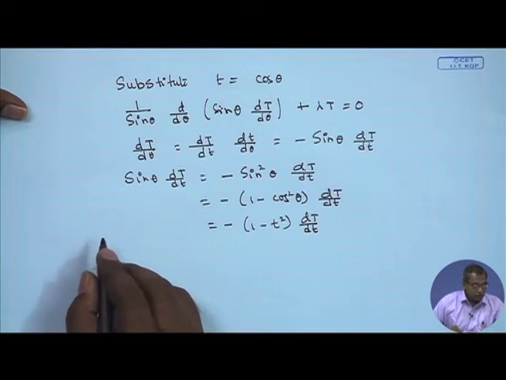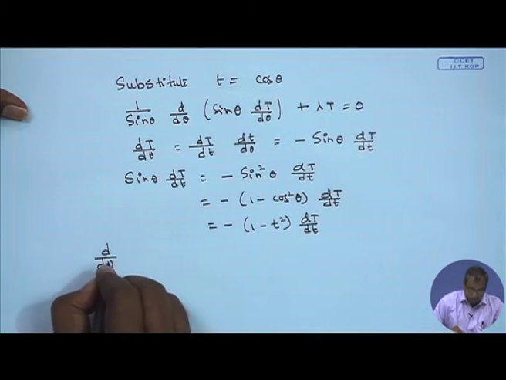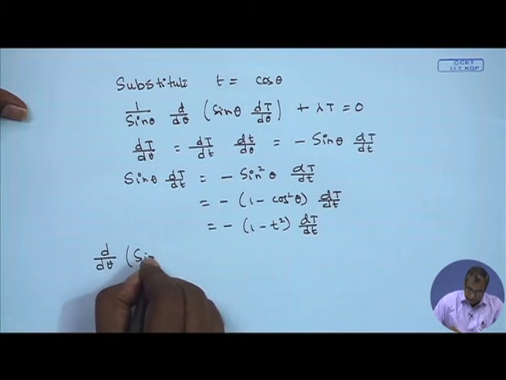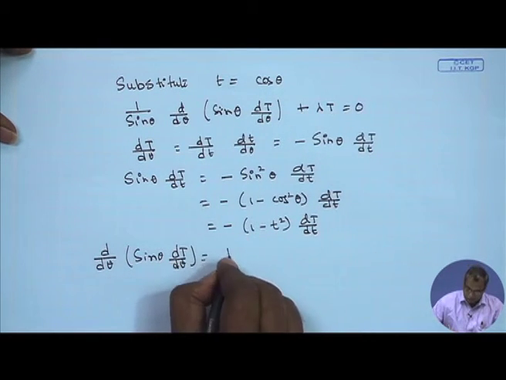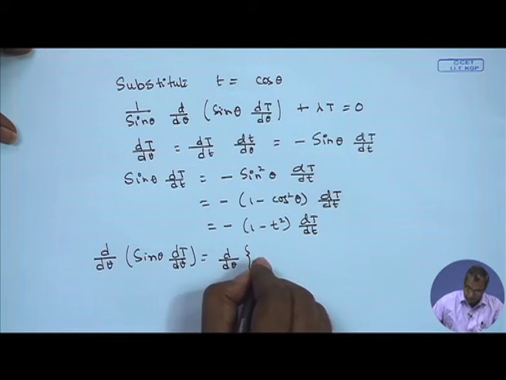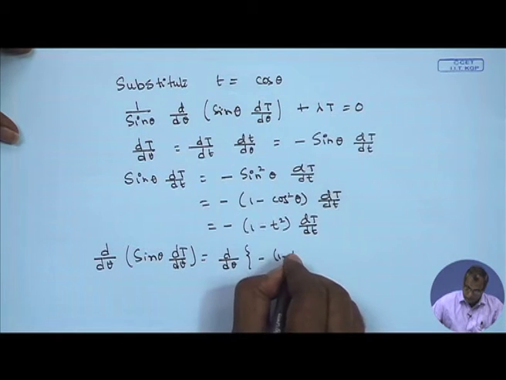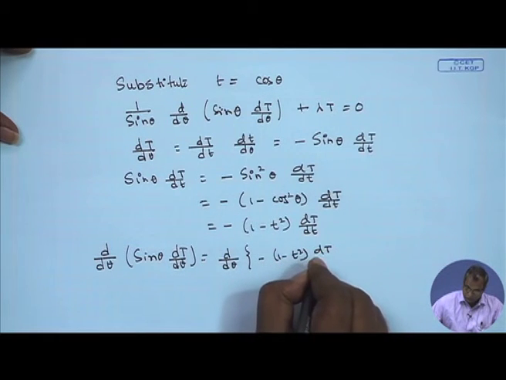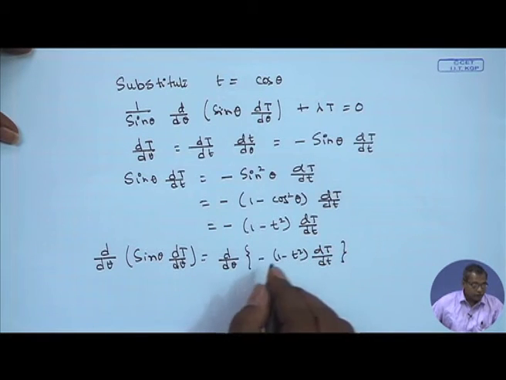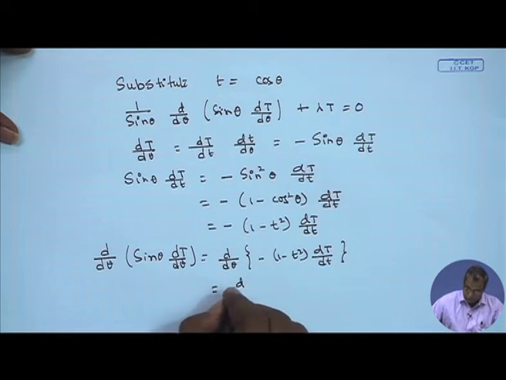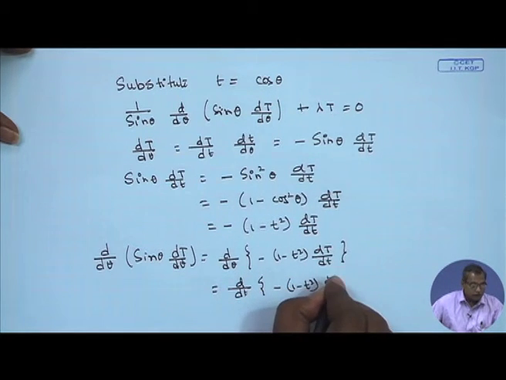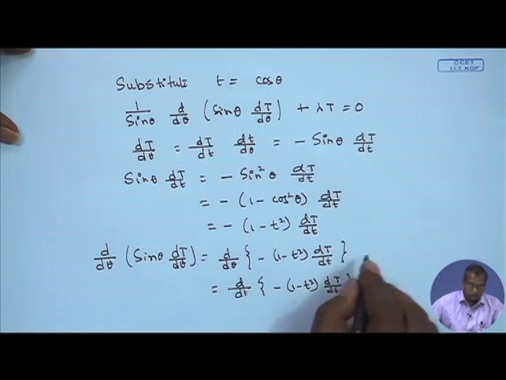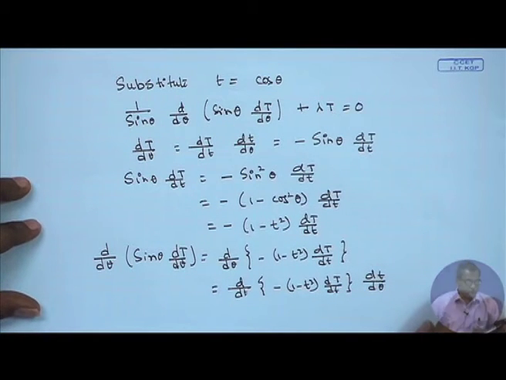Okay. Similarly, we do for the other variable: d d theta of sin theta dT d theta is nothing but d d theta of minus 1 minus t square dT dt, and this will become dt d theta times d dt of minus 1 minus t square dT dt, and dt d theta is nothing but minus sin theta.